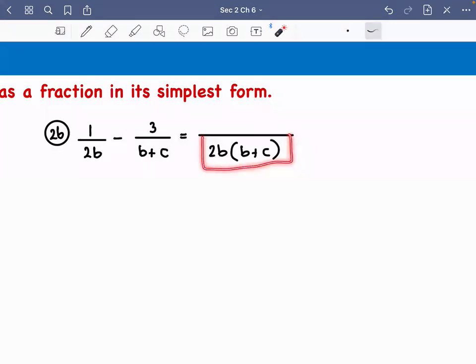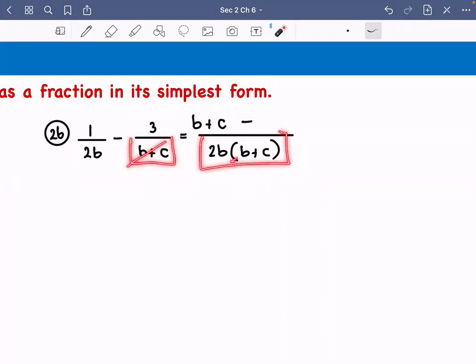So what do you get? 2b gets cancelled. What's left? You're left with b plus c. So b plus c times 1 is b plus c. And then minus. From here, same: 2b times b plus c divided by b plus c.